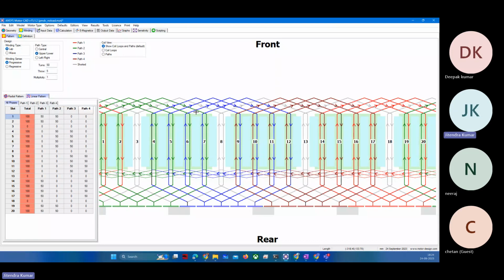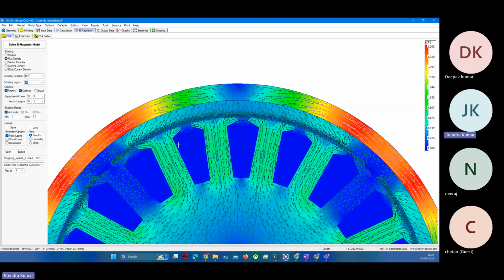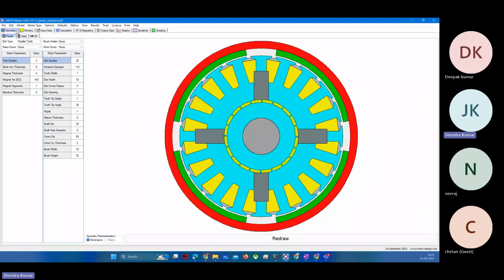They have to be there just to finish the winding. They will not contribute to flux, because flux will flow radially, as I will show you. To link the flux in axial view, let me show you the 3D model.